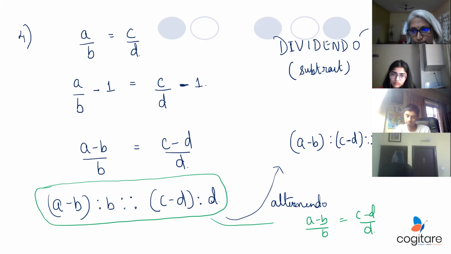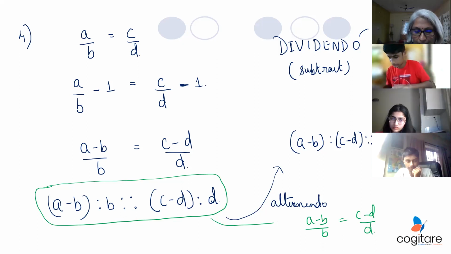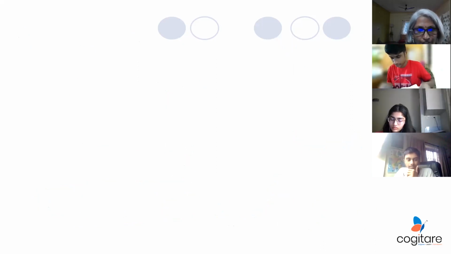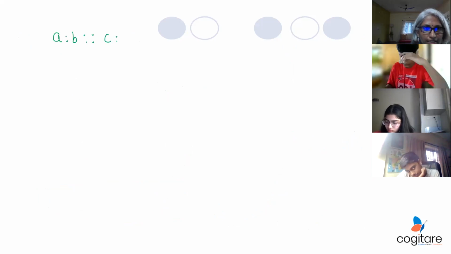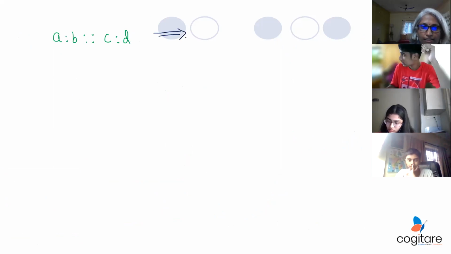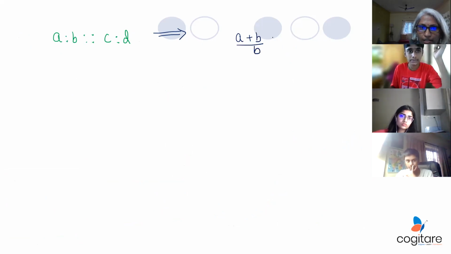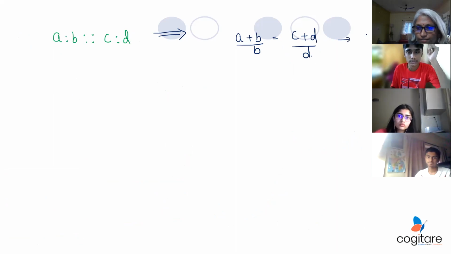Can I move on? Yes, ma'am. Now you just have to remember this. If A is to B is as C is to D, we know that A plus B by B is equal to C plus D by D. What is this called?